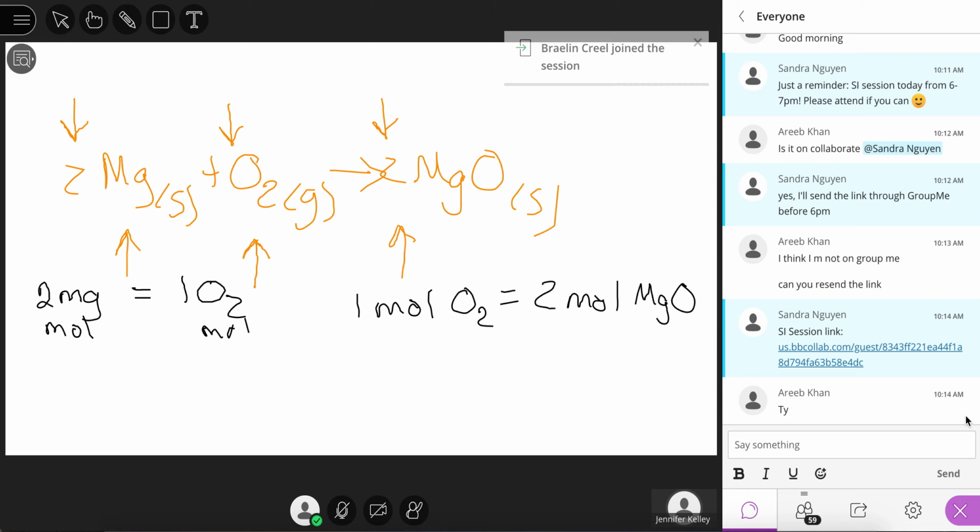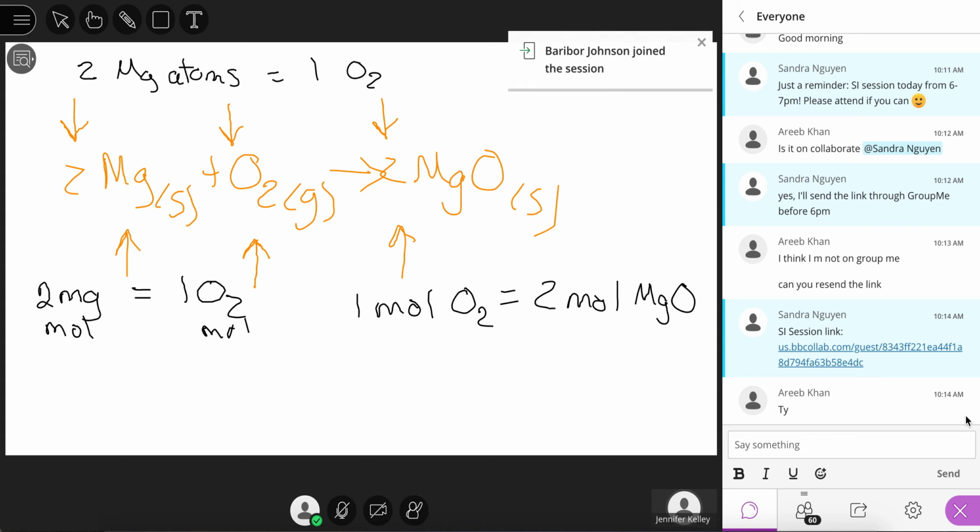You could also, instead of saying moles, you could say for every 2 magnesium atoms, you need 1 O2 molecule. Something like that. Or you could say 1 O2 molecule equals 2 MgO formula units. So those help you convert.